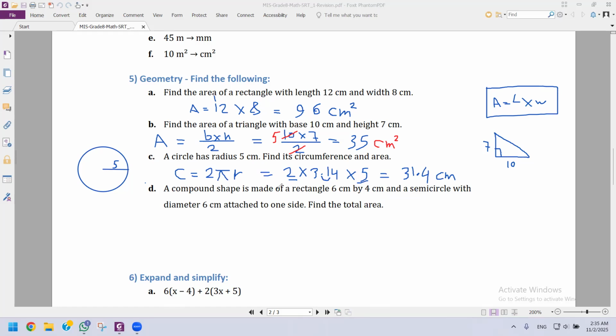Now, compound shape is made of 6 by 4. So this is 6, this is 4. 6 by 4 rectangle and a semicircle with a diameter of 6.